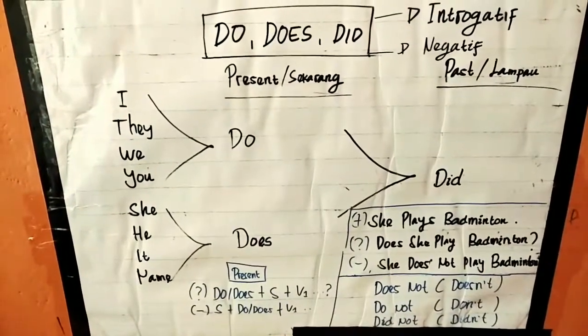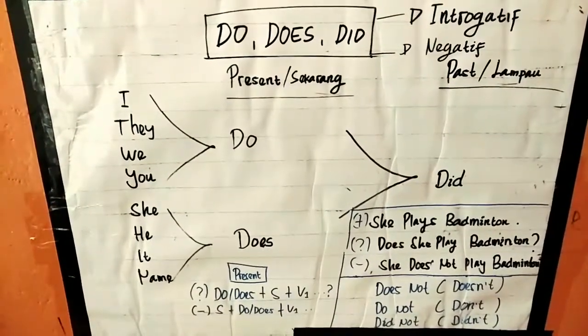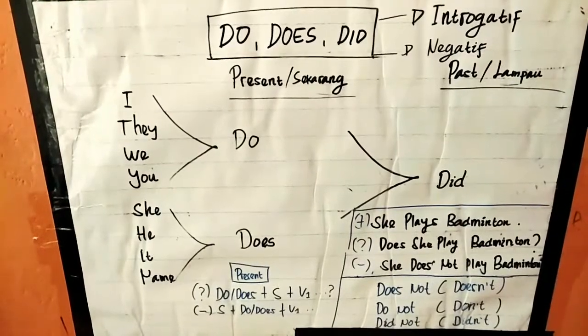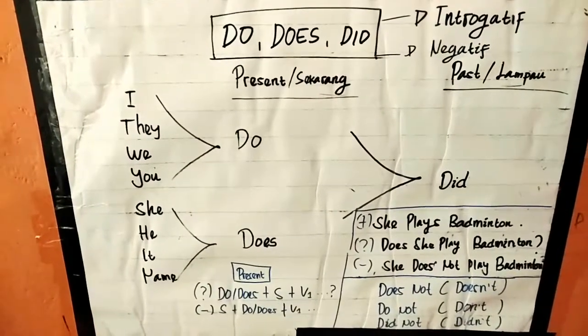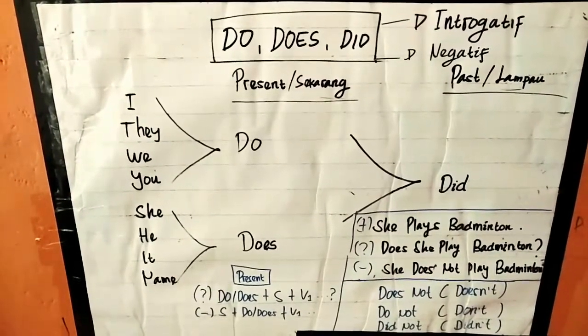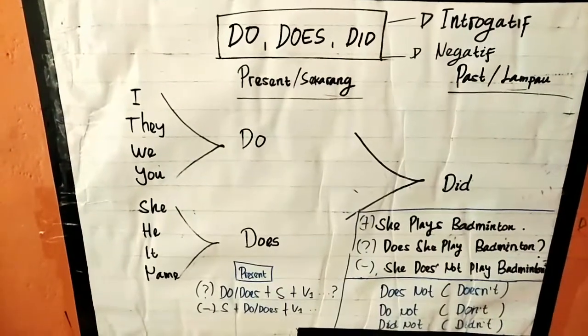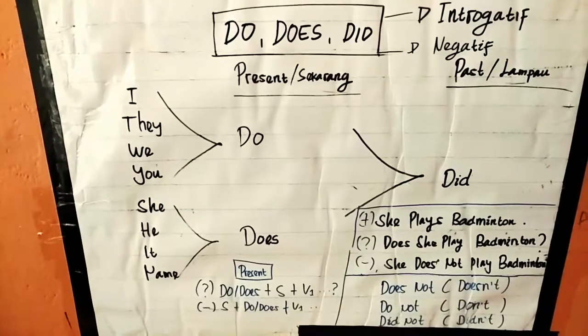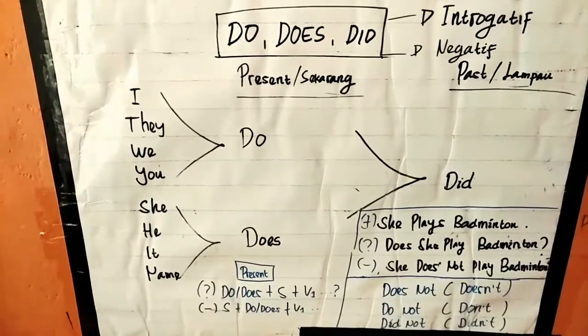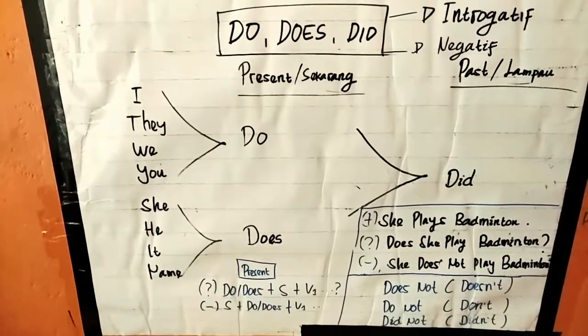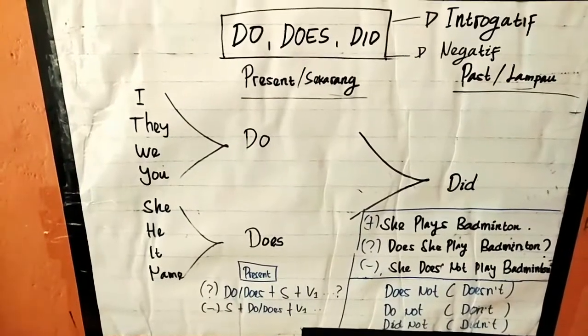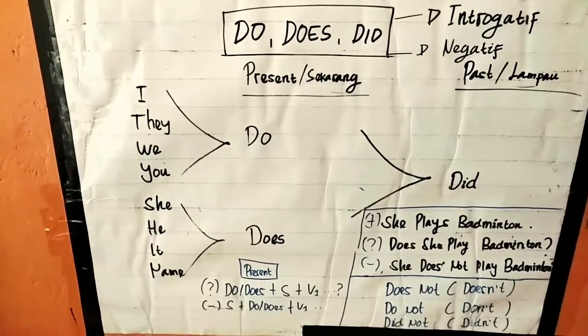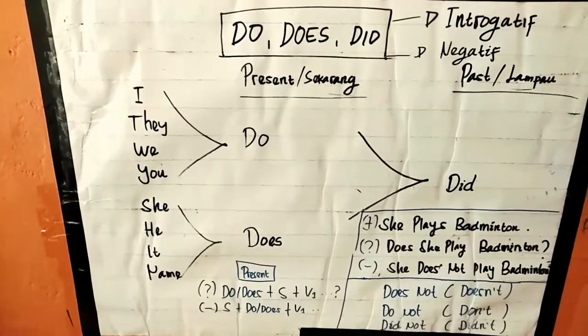And then today we are going to learn about do, does, and did. How to use do, how to use does, or how to use did in English. Actually, do, does, or did we use for two conditions.